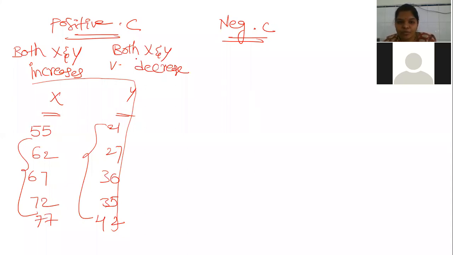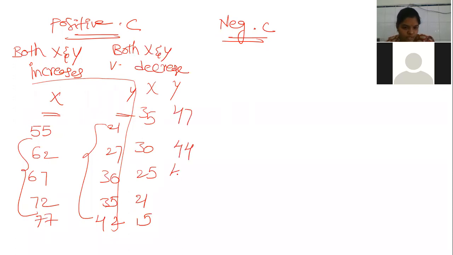And in the case where both x and y variables decrease, write it down: 35, 30, 25, 21, 15. Observe the values. Then 47, 44, 42, 37, 33. Are you getting what I am telling you?